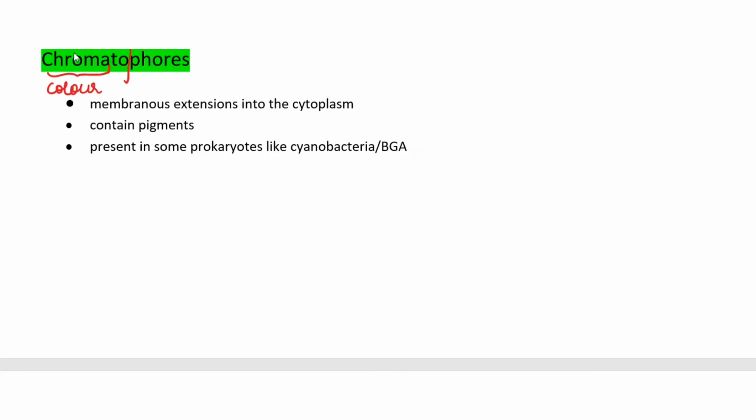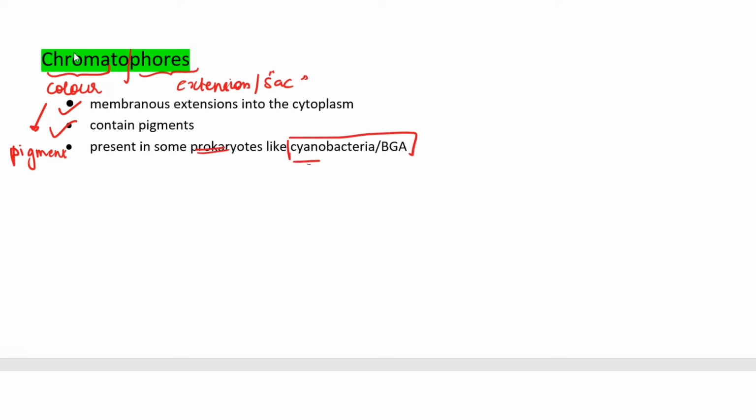So a body containing color which appears as extensions or sacs into the cytoplasm. That's it. So chromatophores are nothing but membranous extensions into the cytoplasm. These contain pigments, and these are present in some prokaryotes like cyanobacteria or blue-green algae.